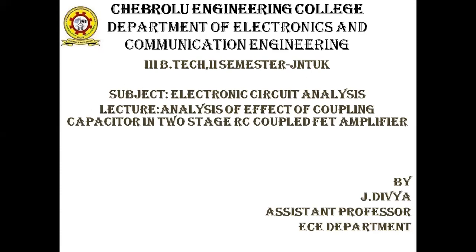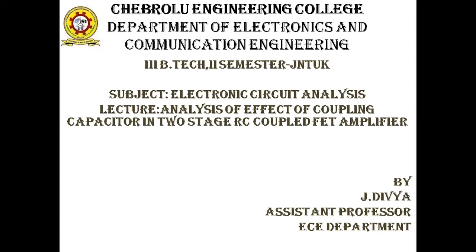In this class, I am going to do the demo on the analysis of the effect of coupling capacitor in a two-stage RC coupled FET amplifier. In the previous class, we learned about the effect of the coupling capacitance on a two-stage RC coupled amplifier. There we analyzed the capacitance effect on the normal transistor, that is the BJT.